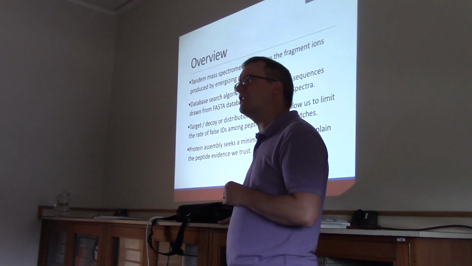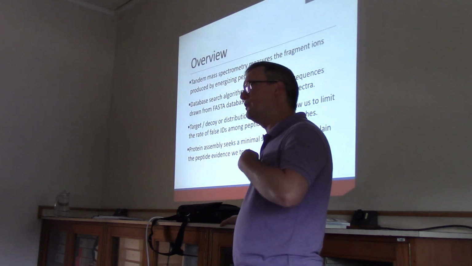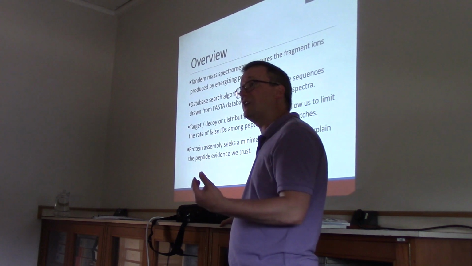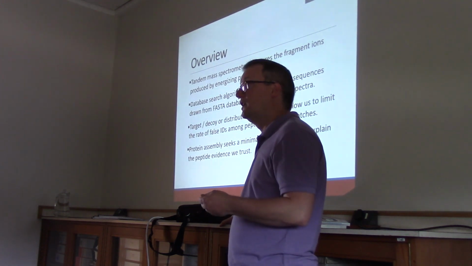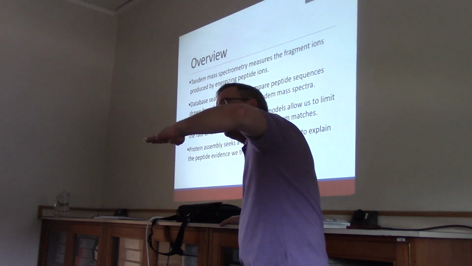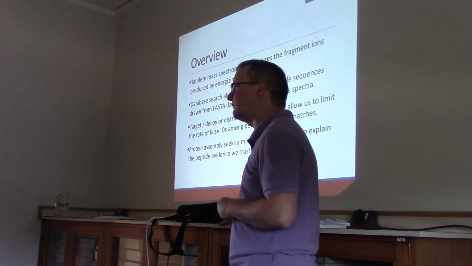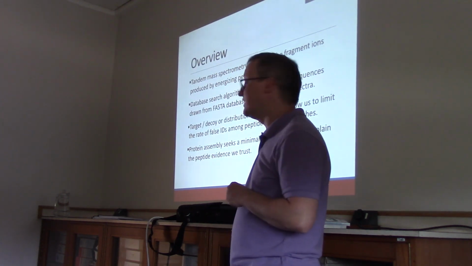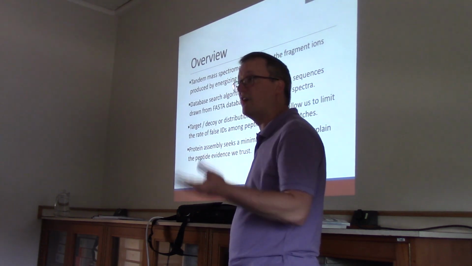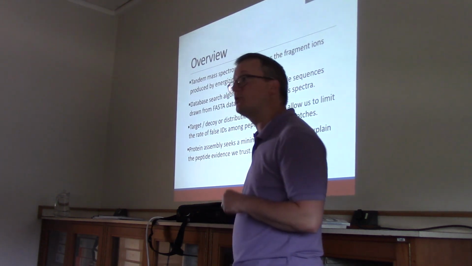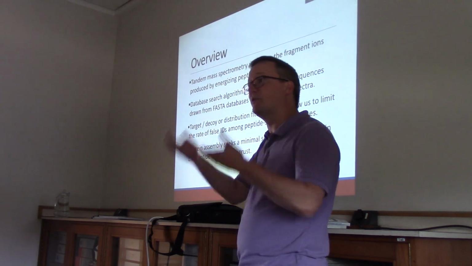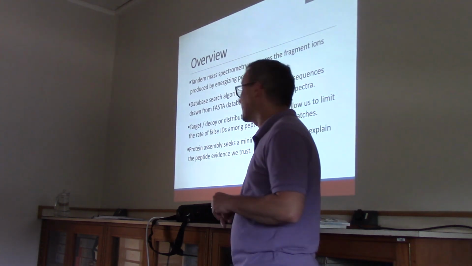From there, we're going to talk about evaluating whether the identifications produced by database search are viable or not. Do we need to set the bar here or here or here in order to get a particular false discovery rate? So we'll talk about that in the context of Target-Decoy, a very popular method, or distribution fitting, another popular method that have sort of coexisted now for more than a decade.